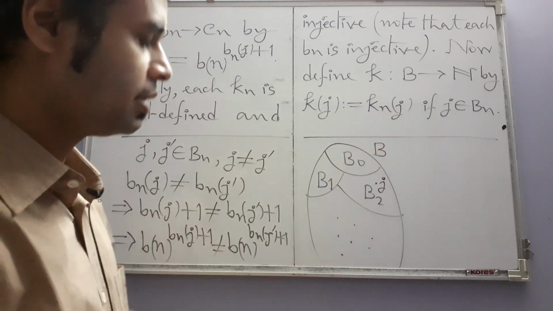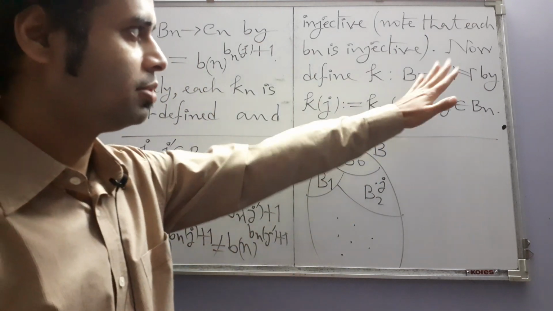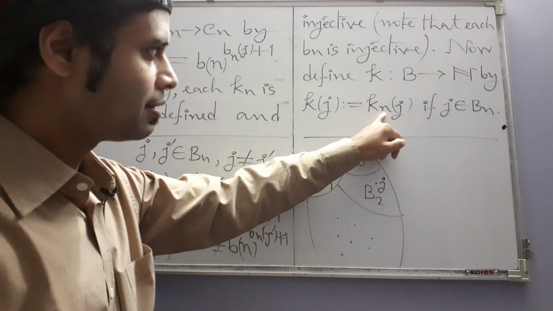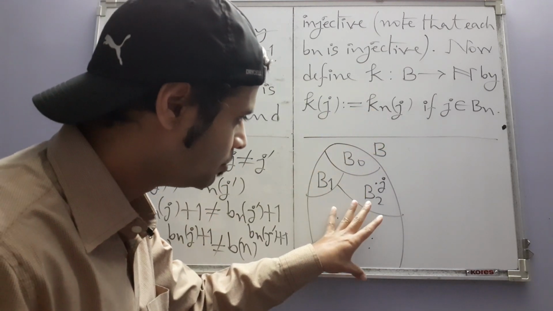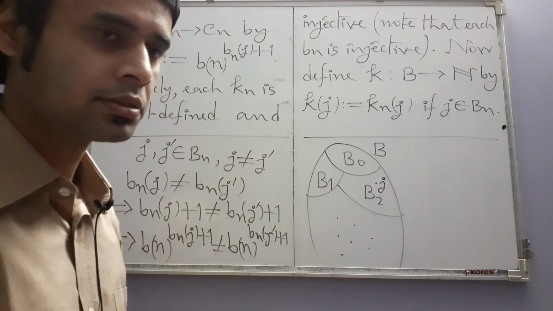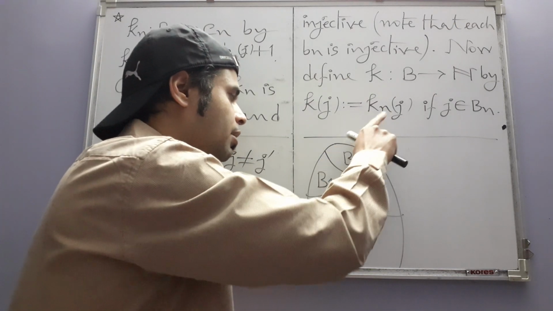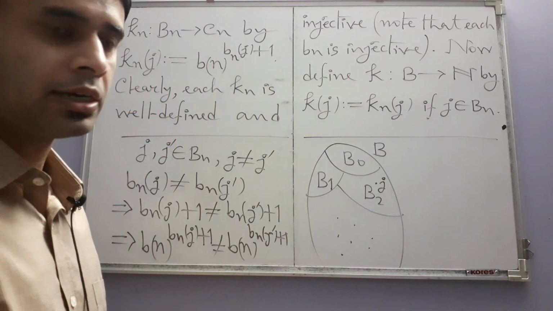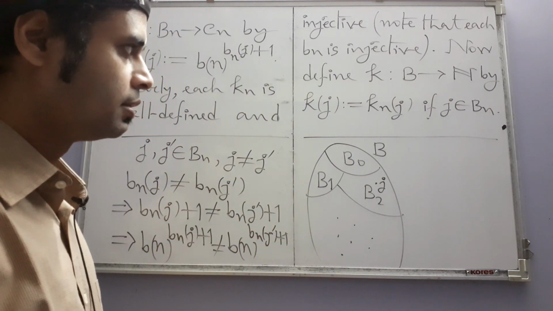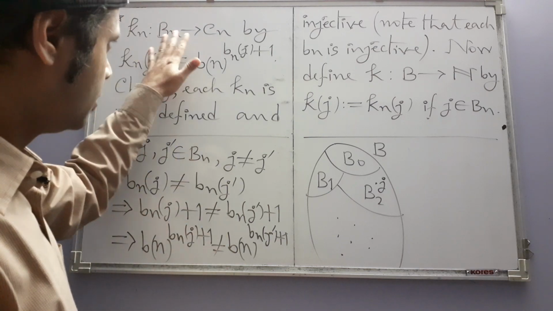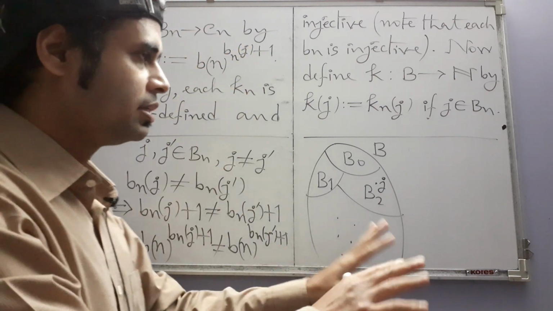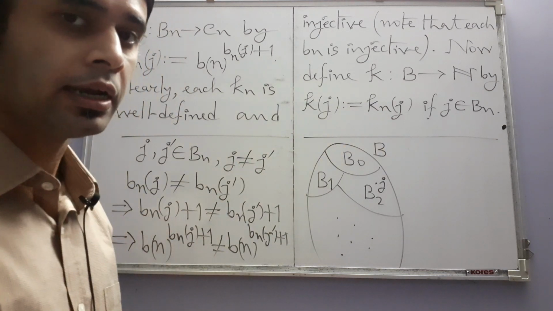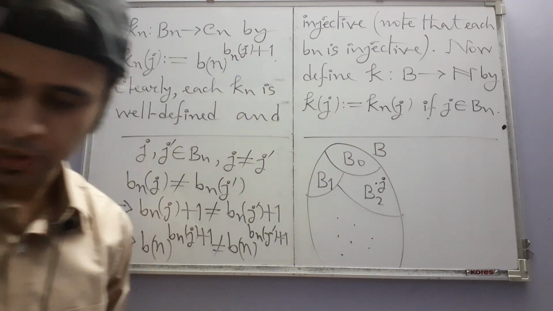So for a given j, Kn of j is going to be a unique natural number, and the fact that this n does not change comes from the mutual disjointness of the Bn's, and this n in fact will be determined by where j lies. That is why K is well defined, and these functions being injective is going to now be transferred to K as well. So let me now continue.